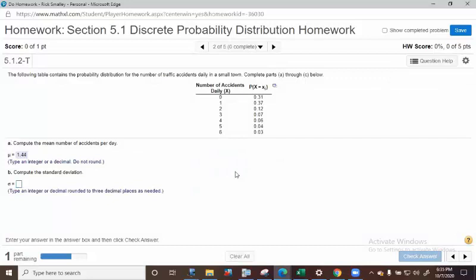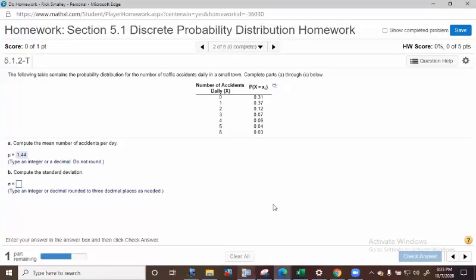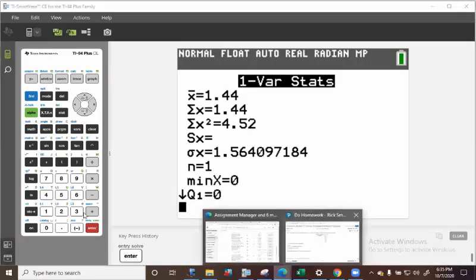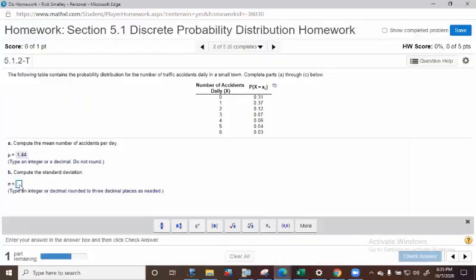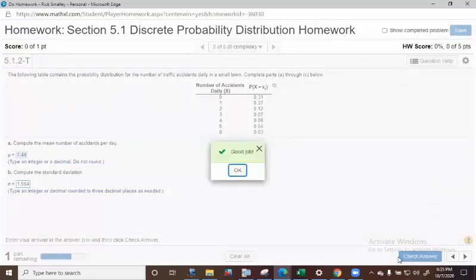It's not even asking for variance, so we don't have to worry about that, but just in case, there it is. How many decimals? 3. How about 1.564? I like that. Check. Look at us go. We are tremendous.